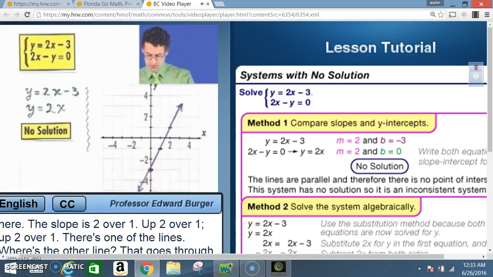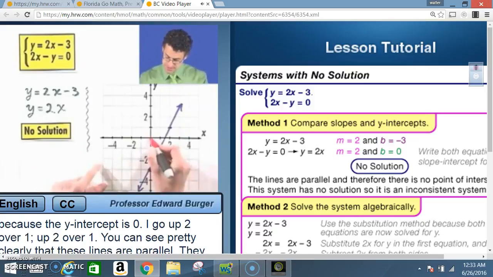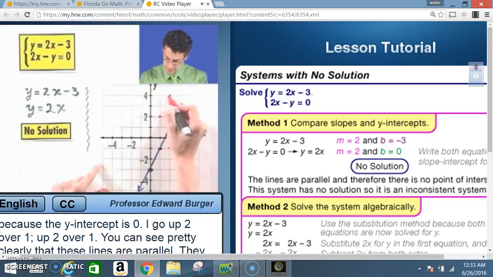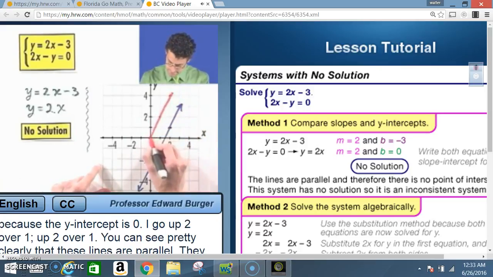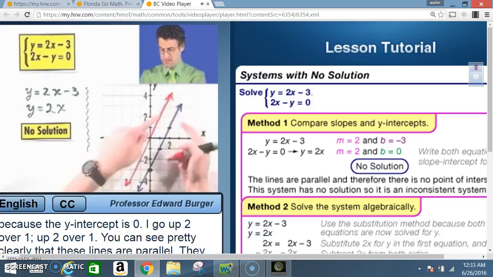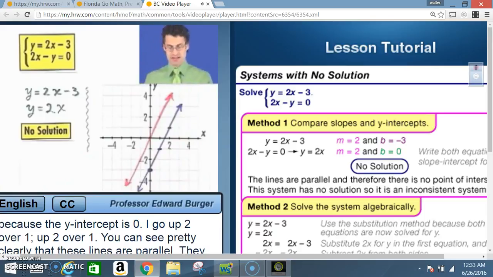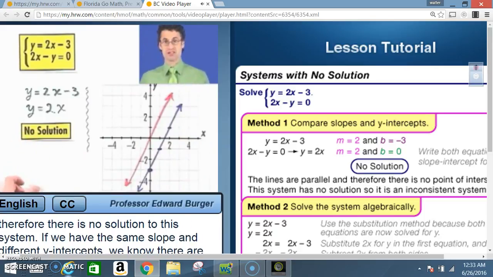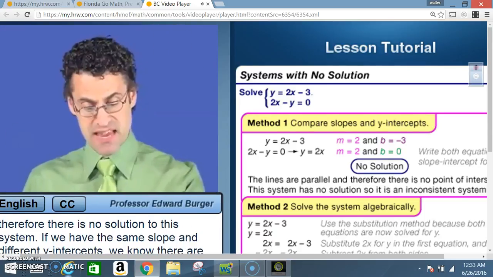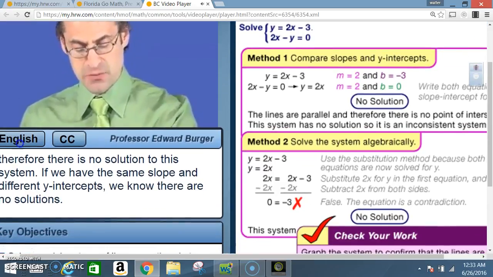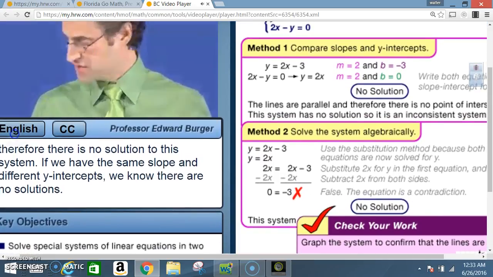Well, that actually goes through the origin, because the y-intercept is 0. And I go up 2 over 1, up 2 over 1, and so forth. And you can see pretty clearly that these lines are parallel, they never intersect. Therefore, no solution to this system. So if we have the same slope and different y-intercepts, we know there are no solutions.